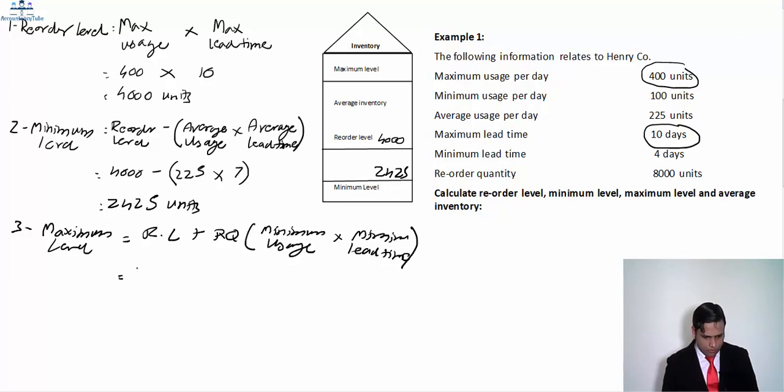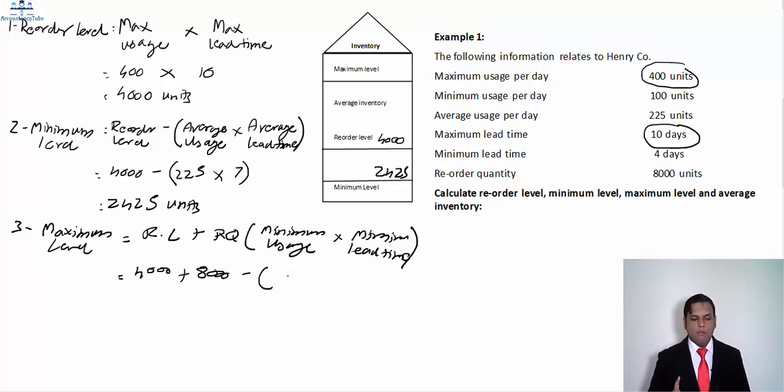Okay, we have got the reorder level of 4000 units. Now we require reorder quantity as well. We have got a reorder quantity of 8000 units as per our example. And in between there's a negative sign. Most students forget that when it comes to minimum level or maximum level, before the bracket there is a negative sign, so do take caution over here.